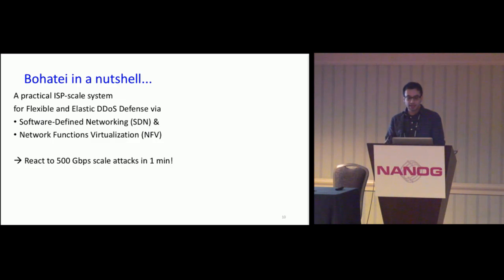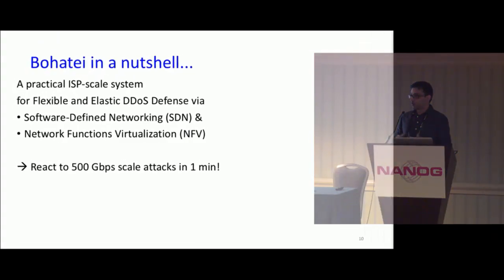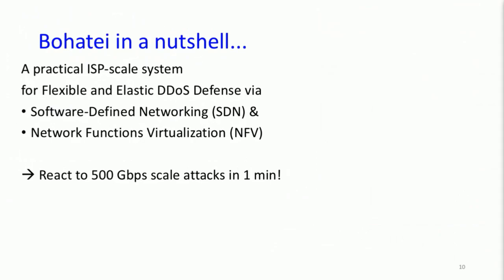It's a practical ISP-scale system for flexible and elastic DDoS defense. There are two key enablers for what we do. One is software-defined networking, or SDN. The other is network functions virtualization, or NFV. And just to give you an idea of what we achieve by doing this, our system can react to attacks of 500 gigabits per second in just a matter of a minute.